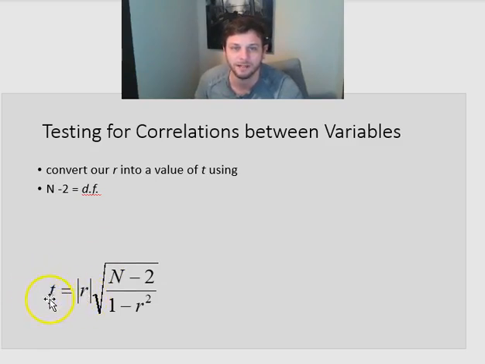So this is going to be our calculated t. Since we're using a t value, you're going to take n minus 2, so however many samples you have, minus 2, to get your degrees of freedom. And so to find the absolute value of t, you'll take r times the square root of your degrees of freedom over 1 minus r squared.